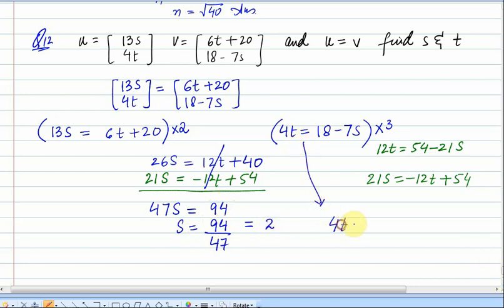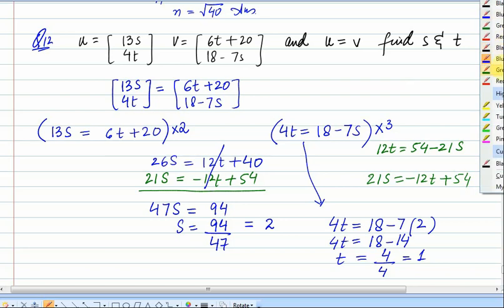So 4t is equal to 18 minus 7 times the s value, which is 2. 4t is equal to 18 minus 14, which is 4, and t is equal to 4 upon 4, that is equal to 1. Right? Not a difficult part, but there is one more step of simultaneous equations. The rest, the concept is the same.